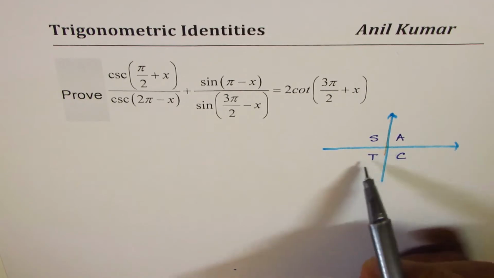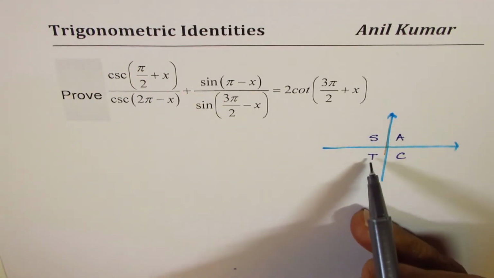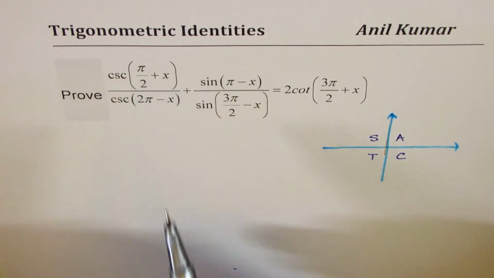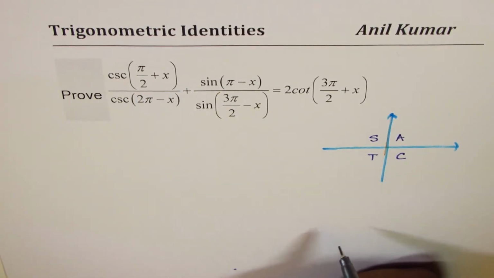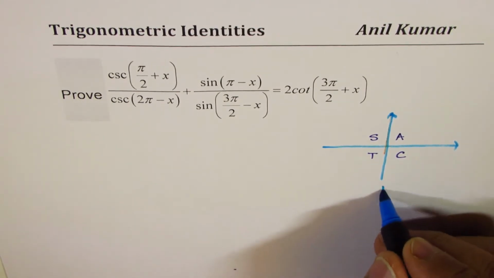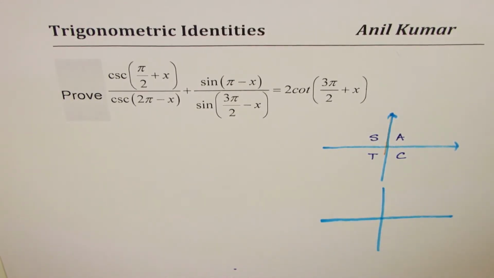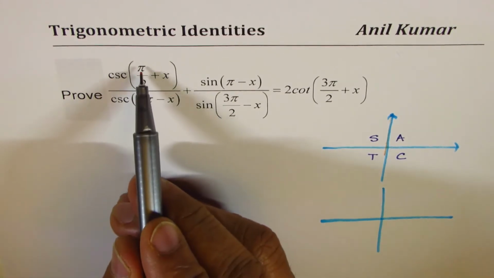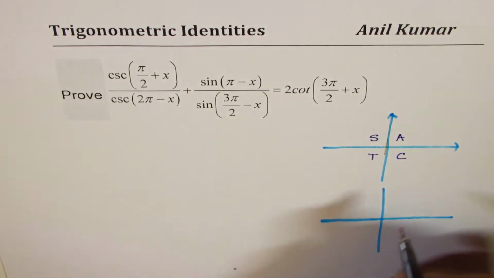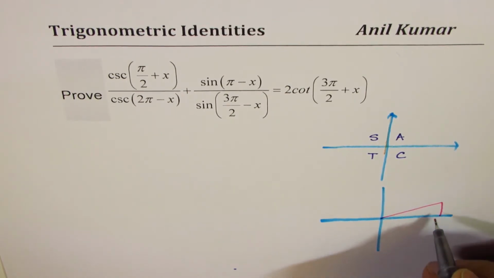So the first part is to understand where each one of them will be, and then we'll figure out what cofunction identity it will be. That is one part. The second thing we need to understand is that if we are talking about a situation where it is pi/2 + x, then we are talking about two triangles.